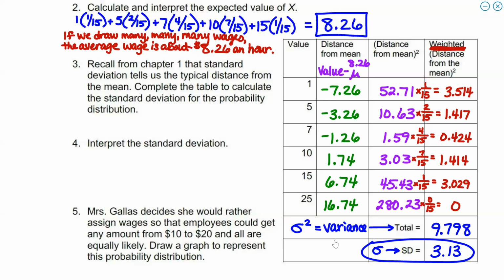Most people, not everybody, but that would grab most people in the room. And that would be one standard deviation away from the mean. Right, so the wages typically vary by $3.13 from the mean of $8.26 an hour.